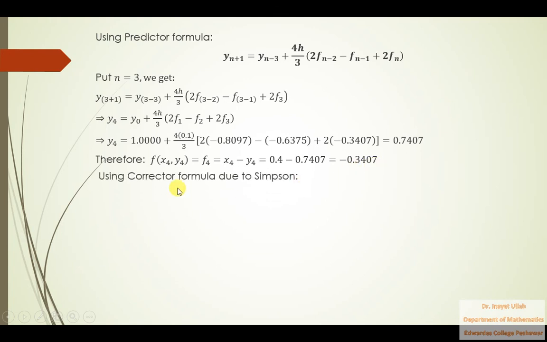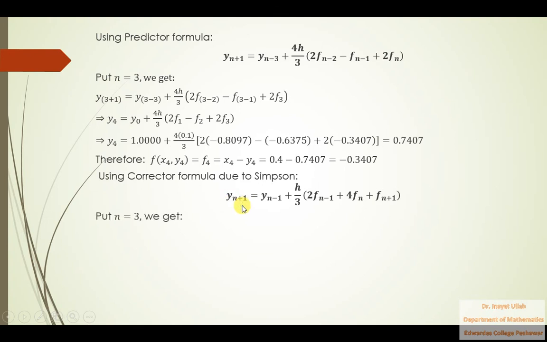Now using the corrector formula. The predictor formula is due to Milne, and the corrector formula is due to Simpson, so that is the predictor-corrector method. Now we need to find y4. In the same way, we need to put n equal to 3 in this equation to get y4.